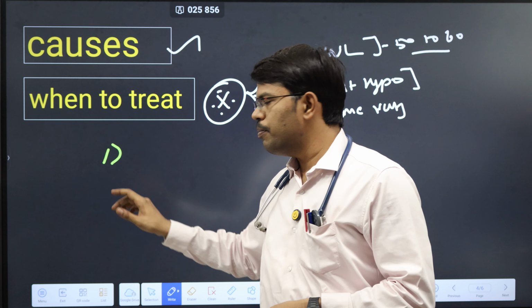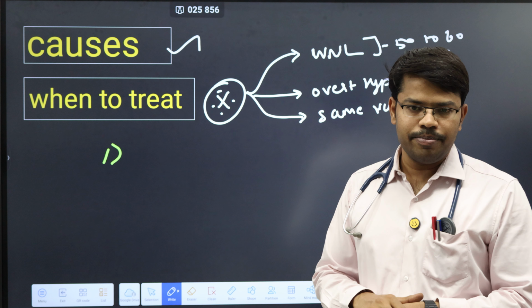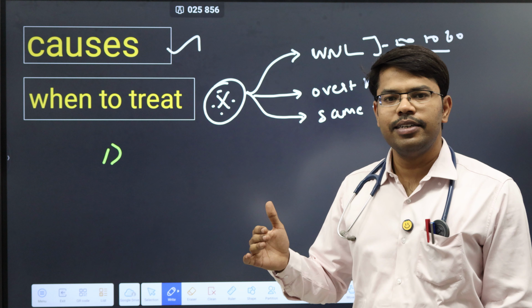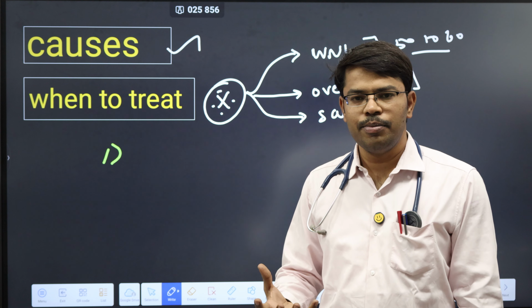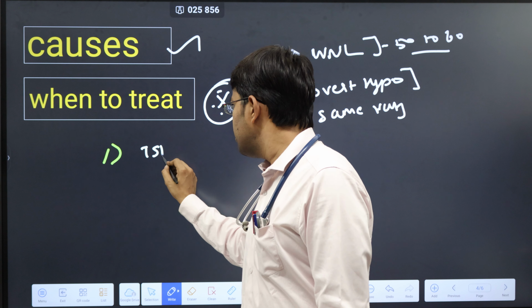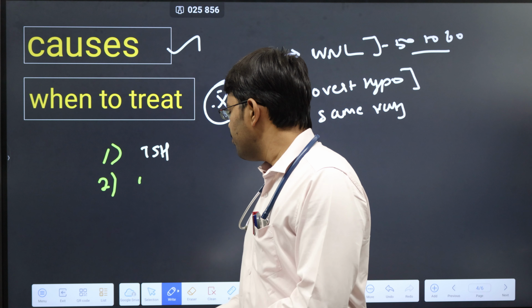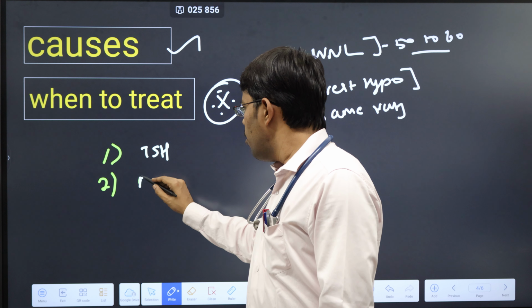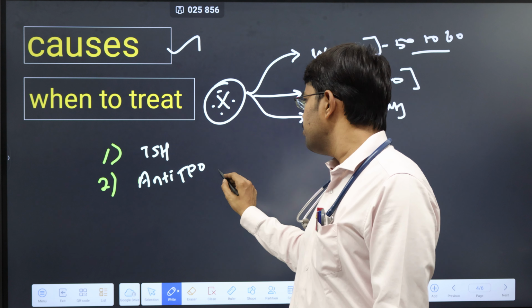First, whenever there is a progressive elevation in the TSH over a period of time. If the TSH is getting elevated or ranging above 10, the patient is overtly hypothyroid, and you have to treat. The second one: if goiter is there, or anti-TPO antibodies are positive.